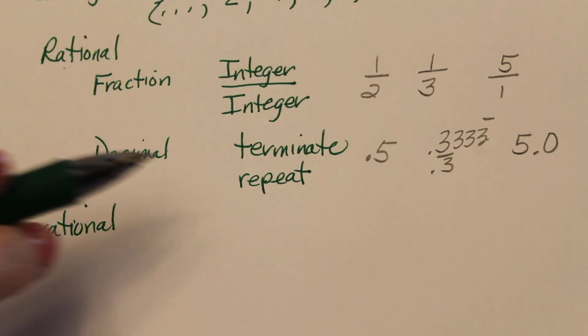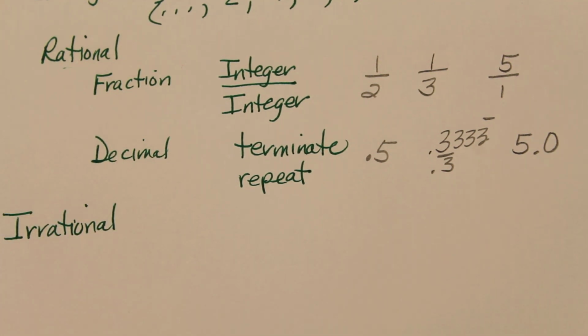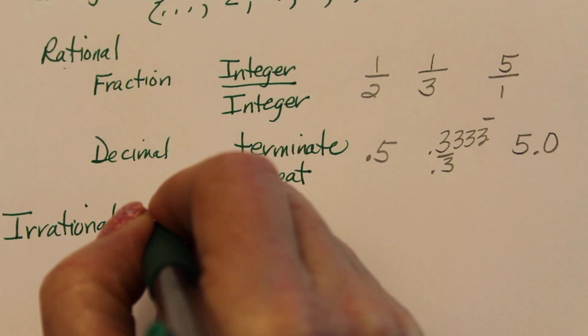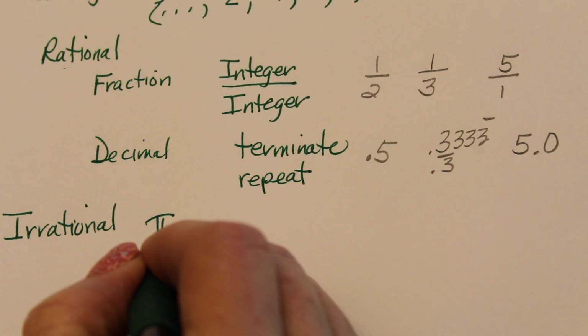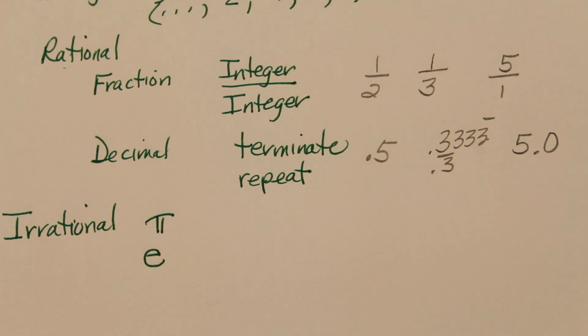It does not terminate and it does not repeat. And it's pretty easy to pick out irrational numbers because typically they are very odd math symbols, like pi. Pi on your calculator would be 3.142, and it would go on, and it would not repeat, and it would not terminate. There's also an expression in math, e, for exponential, 2.71, and on.